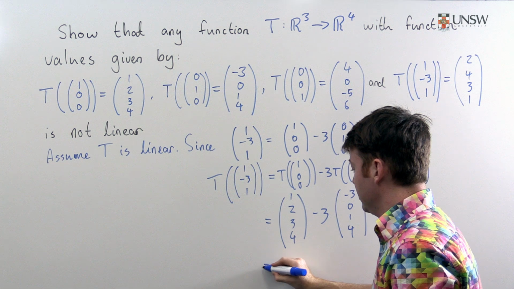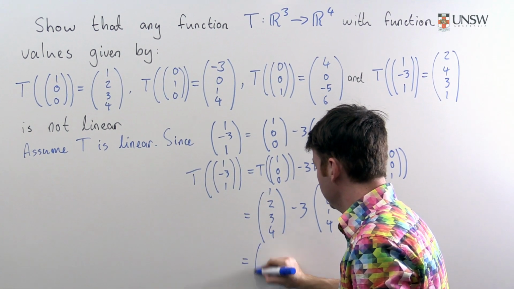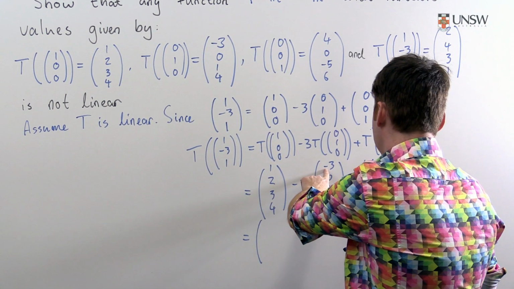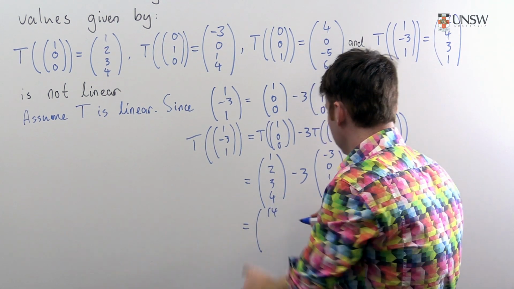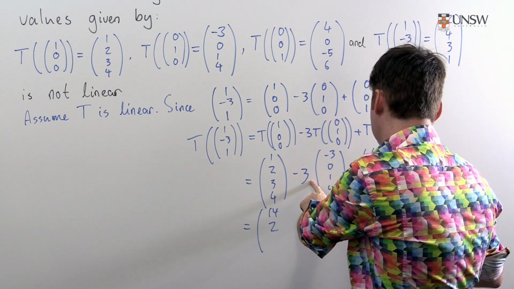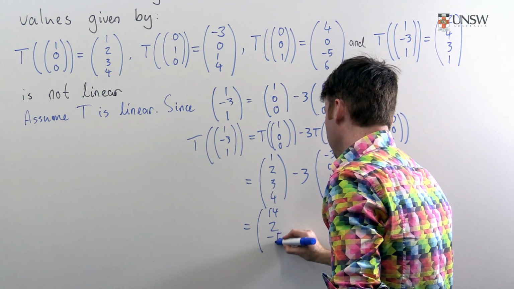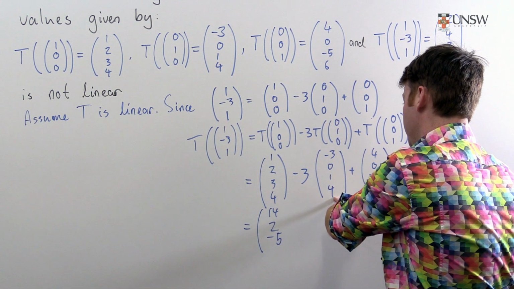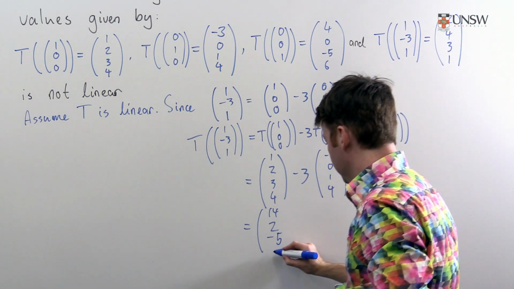And I add these all up and I get 1 plus 9 is 10, 14, 2, 3 minus 3 minus 5 is minus 5, and 4 minus 12 is negative 8, plus 6 is 14.